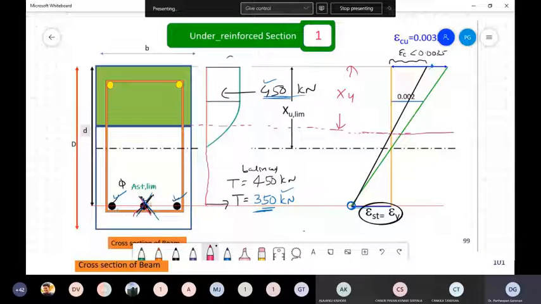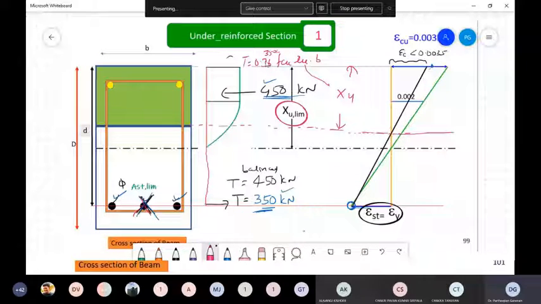So when you provide lesser and lesser steel, your neutral axis depth is going to decrease, because the strain is less. Now in this equation, if you put T equal to 0.36 fck XU into b, because XU is less than XU limit, this also will become 350 kilonewton.